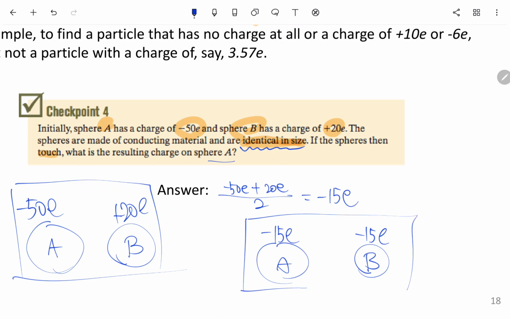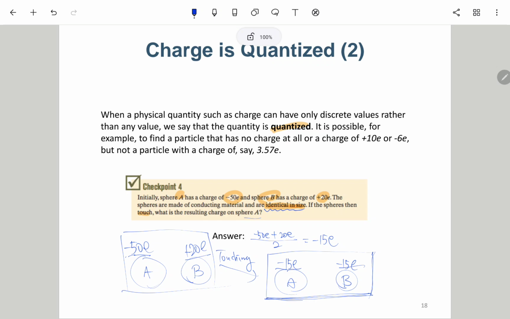就是它们同样大小的话，它就会在触碰完之后，它们各自就会占有同样的电荷量。然后它们的总电荷量就不会变，因为总电荷量一开始的时候负50加20是负30，这里负15负15还是负30。Okay, so this is a quick checkpoint to let you know something about charge sharing for the conductor.